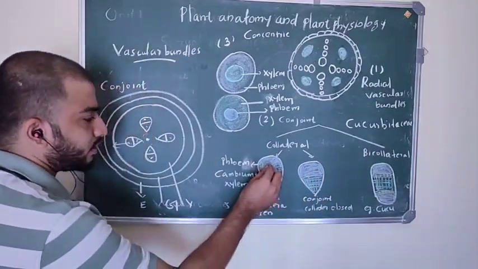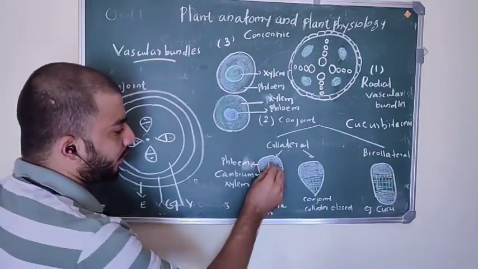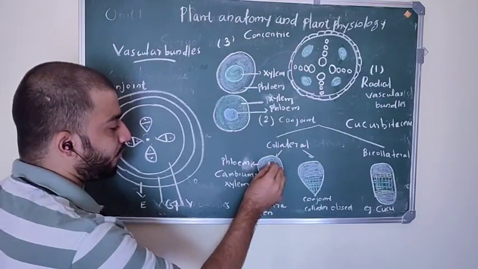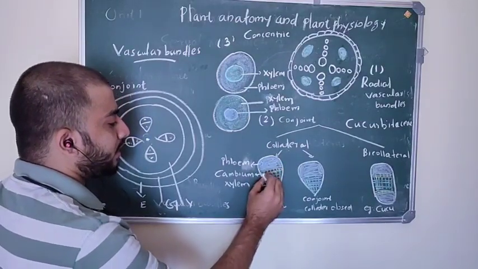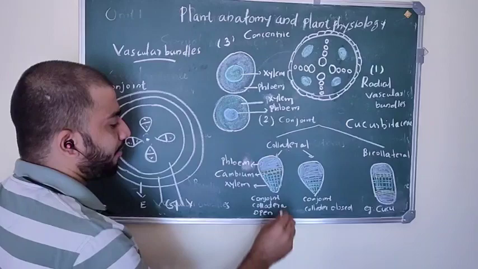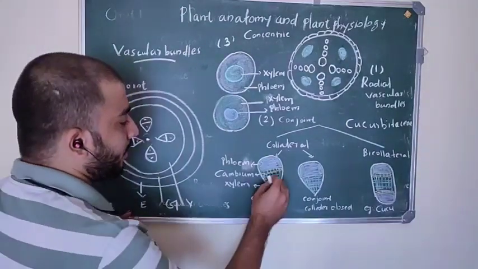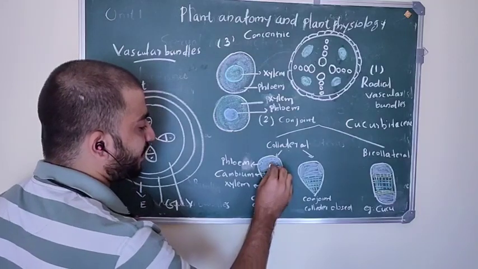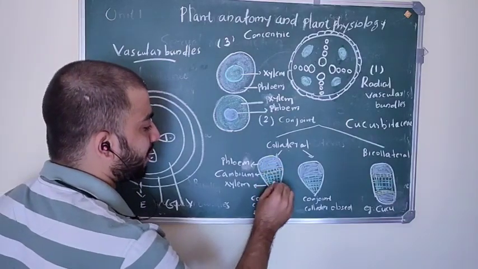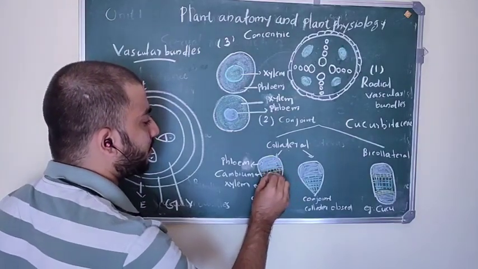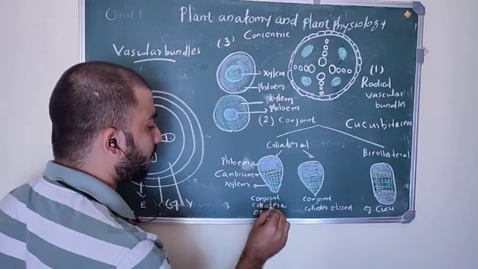Look here in this collateral vascular bundle. In between phloem and xylem there is cambium present. Cambium means the actively dividing cells. This cambium strip is present between phloem and xylem. That type of vascular bundle is called conjoined collateral open.